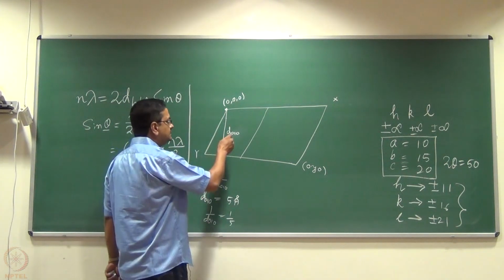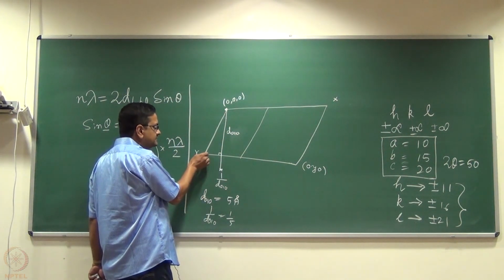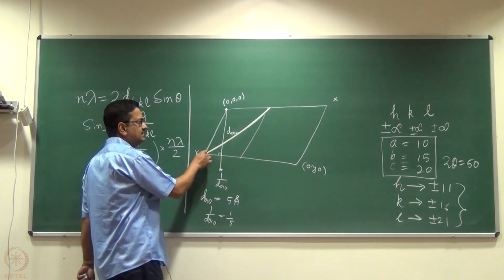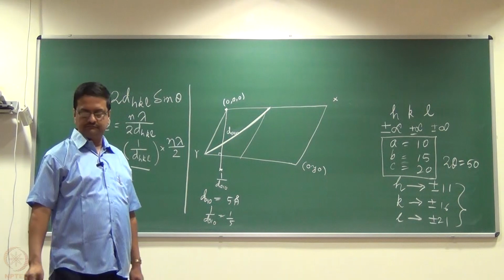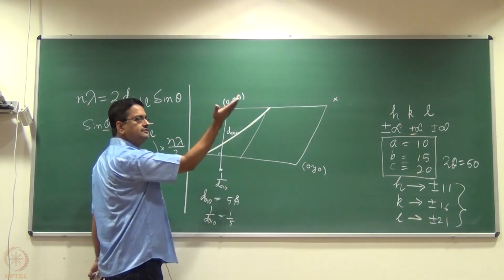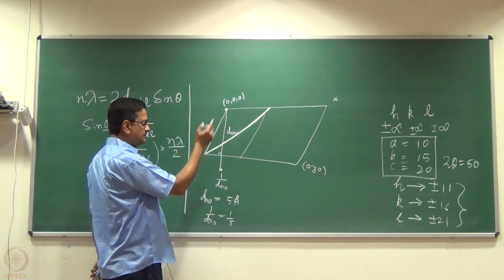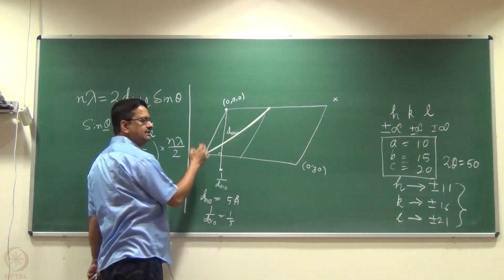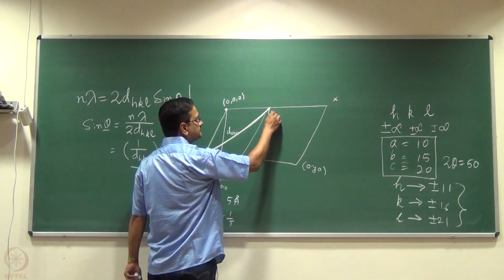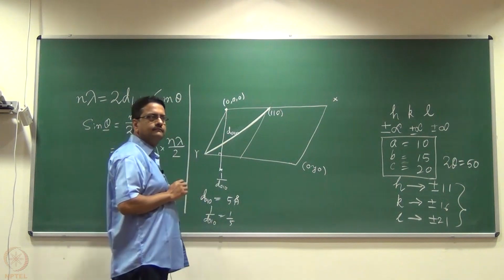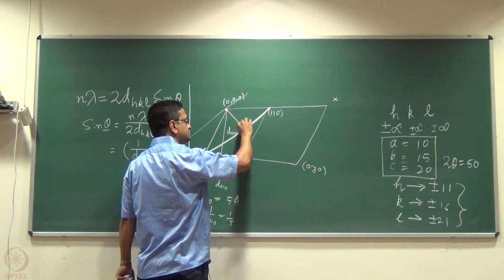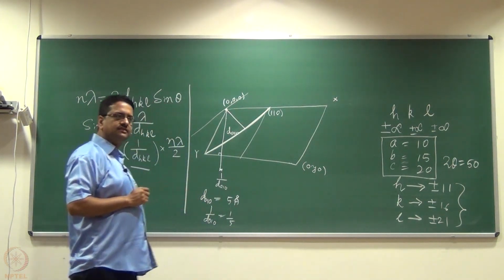Now, if I have a plane like this, what is this plane? It is parallel to Z. 110. So this is 110. If I drop a perpendicular from here to there, that is my D110.